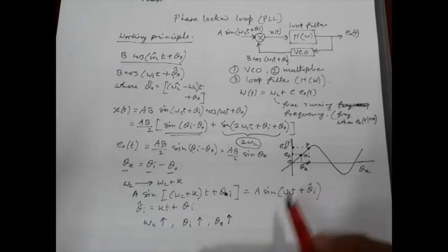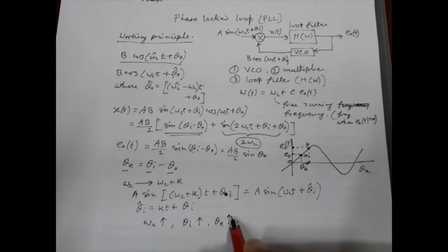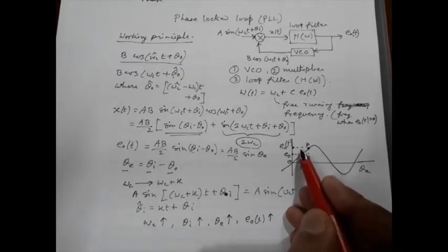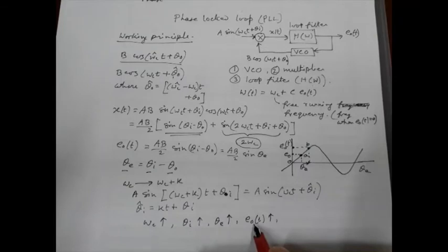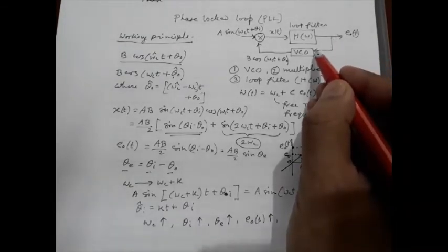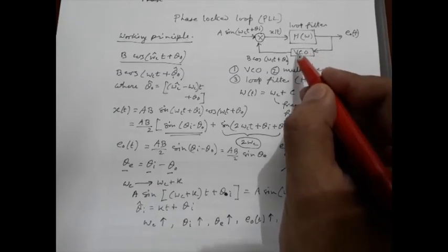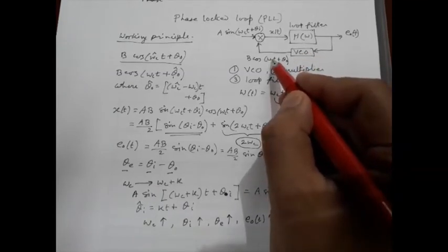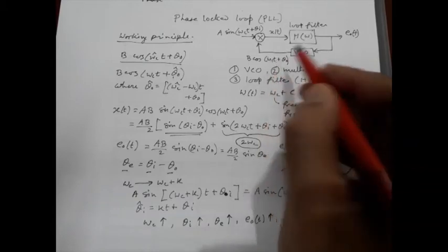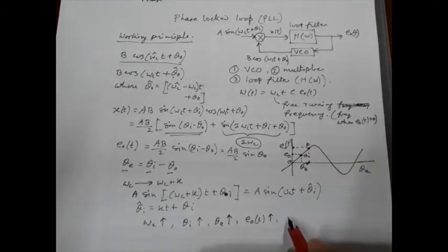That implies that E0(t) will increase from its original value E0 to some higher value. Since E0(t) is connected to the VCO input, the VCO input voltage is increased. That will increase the frequency from the original frequency of omega c. So the VCO frequency will also get increased.